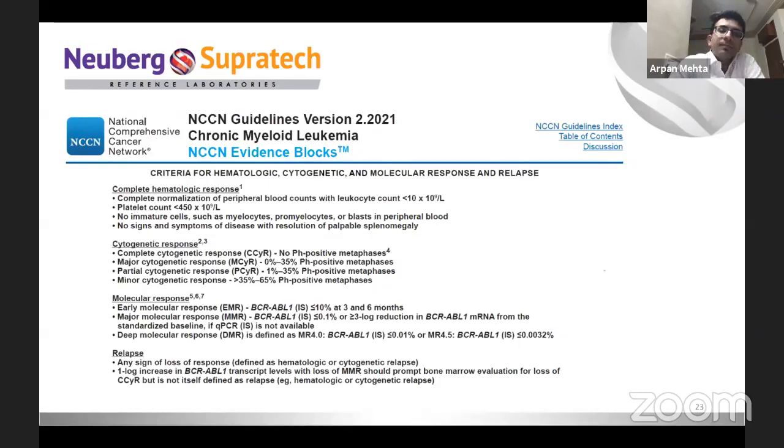For molecular response, the most important milestone is major molecular response, where the BCR-ABL1 level is less than or equal to 0.1% on the international scale. Deep molecular response is defined as MR4 when it is less than 0.01% and MR4.5 when it is less than or equal to 0.0032%.